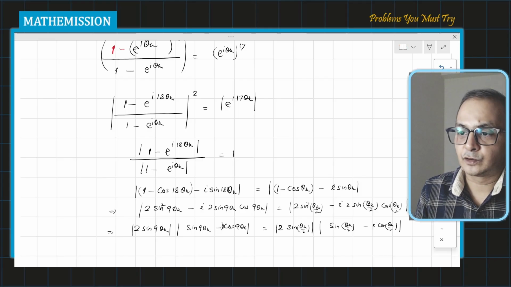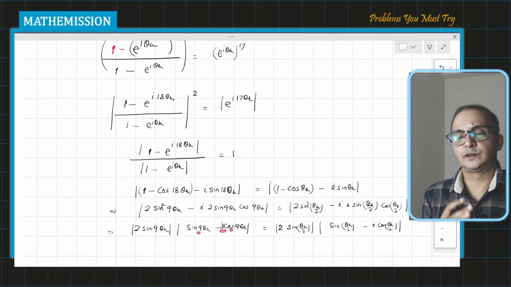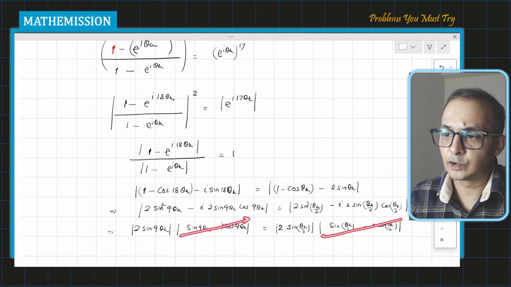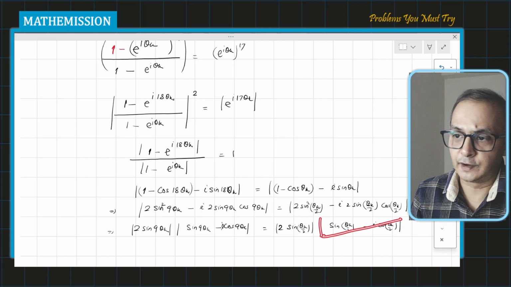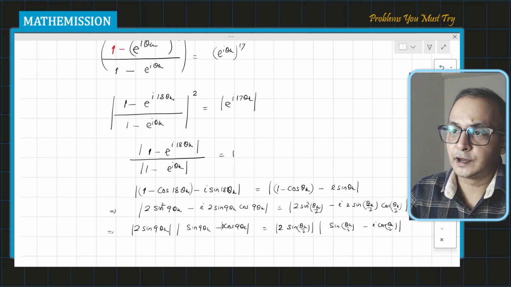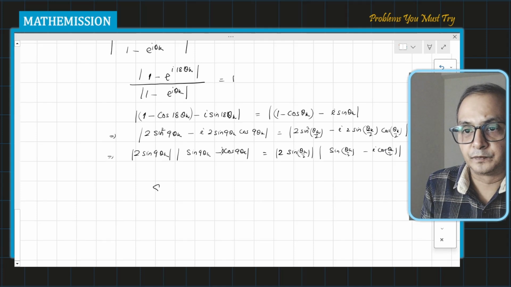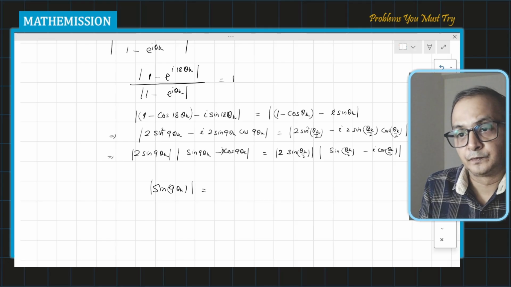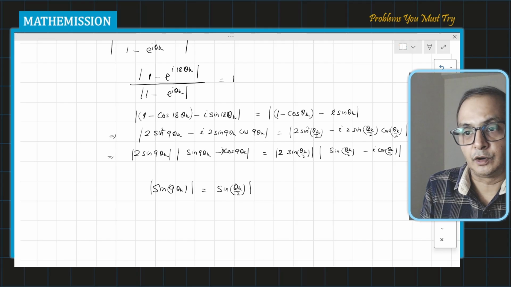Now it doesn't matter what i is here, the sine 9 theta and cosine 9 theta will give magnitude 1, and this will also give magnitude 1, because we are finding the mod. It means we are left with only this equation: the mod of sine 9 theta k is equal to the mod of sine theta k by 2.